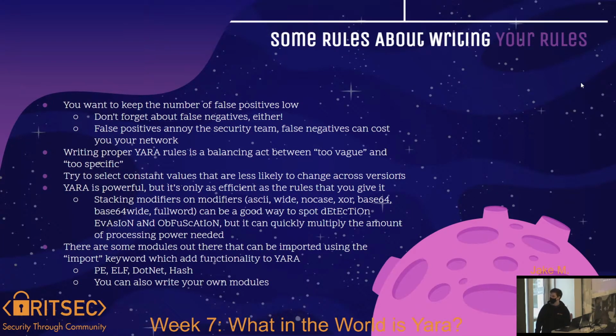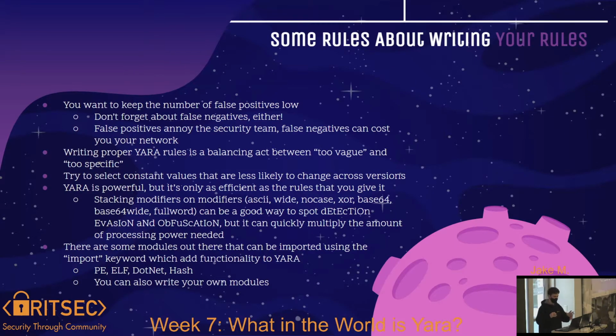So this is a bit wall-of-text-like, but I'll simplify it. These are some awesome rules about writing your awesome rules, right? The main thing we want to focus on is keeping the false positive rate low, but something that's kind of overlooked, and really shouldn't be, is keeping the false negative rate low.